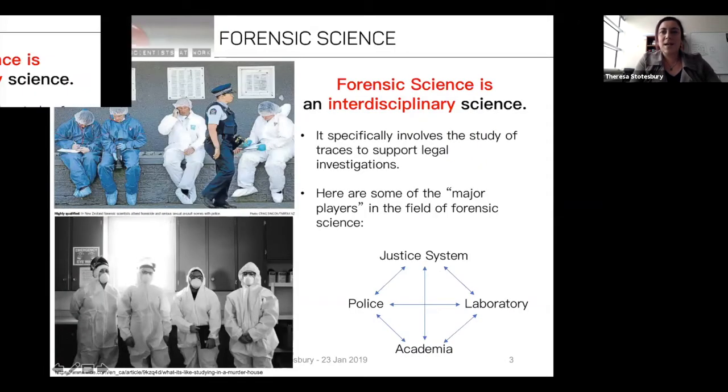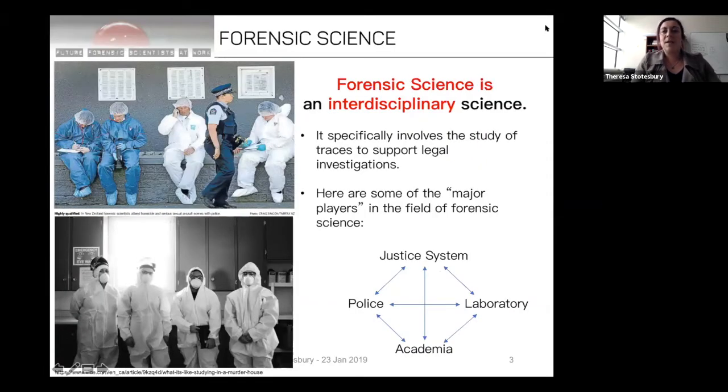All right, so forensic science, it's really an interdisciplinary science. When we think about forensic science, what does it actually mean? Well, really, we're talking about the study of traces, coming back to those fundamental principles of every contact making some sort of trace on a substrate, whether it's visible to our eyes or invisible to our eyes.